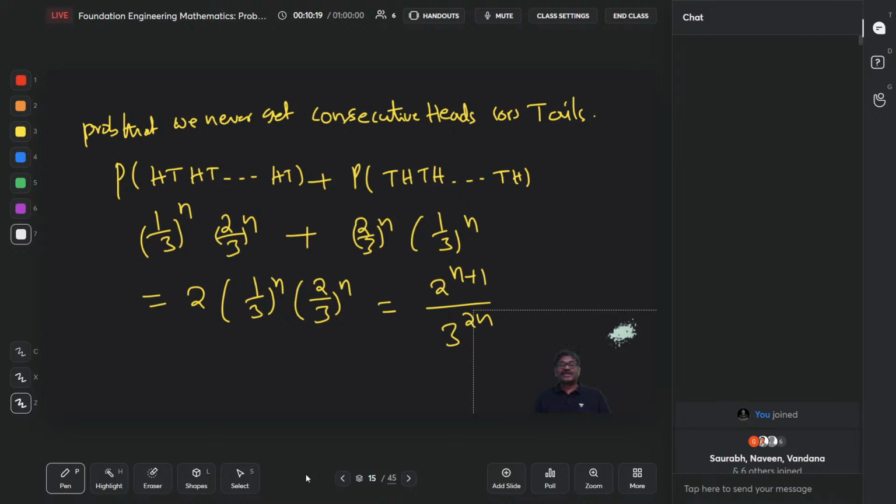So now the required probability is, we have to get both the heads and both the tails consecutively. To get consecutively both the heads and both the tails, we have to subtract this probability from 1.